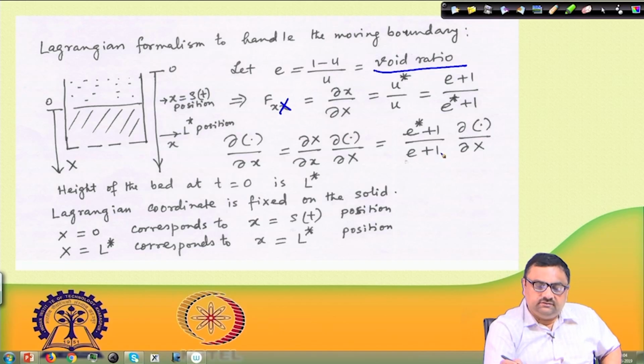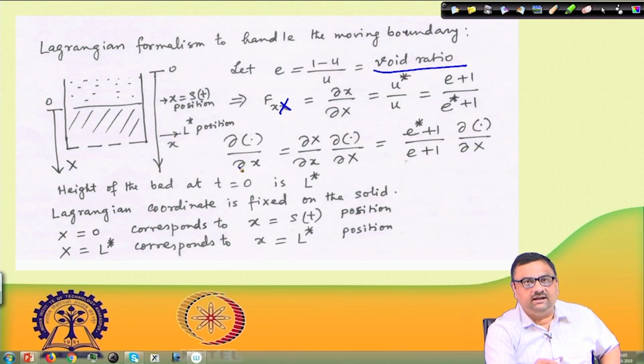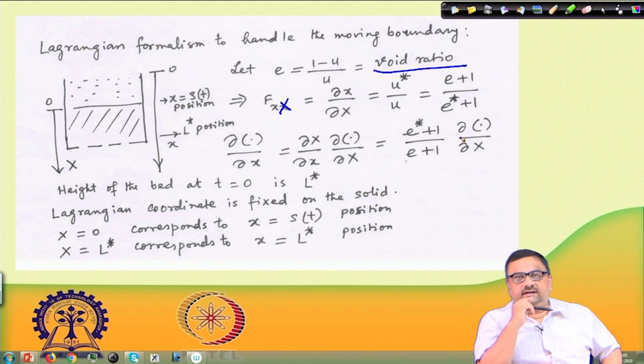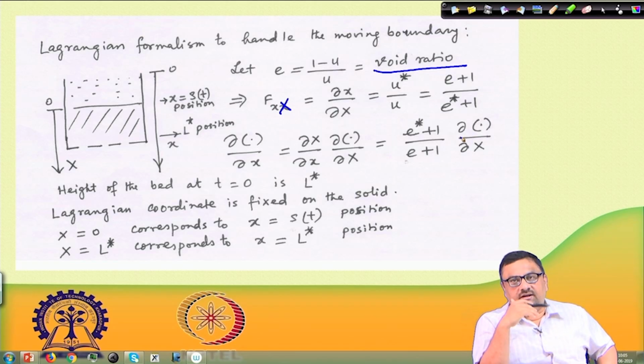So, then this is something which we have, and then del of that quantity within bracket with del capital X. So, essentially if we are writing del p del small x, we can write this as (e star plus 1) divided by (e plus 1) del p del capital X. So, one can do this switching, okay, and this switching is necessary because the boundary in this case is moving, okay, it is not against a fixed boundary. Similarly, one has to come up with the boundary conditions based on this.